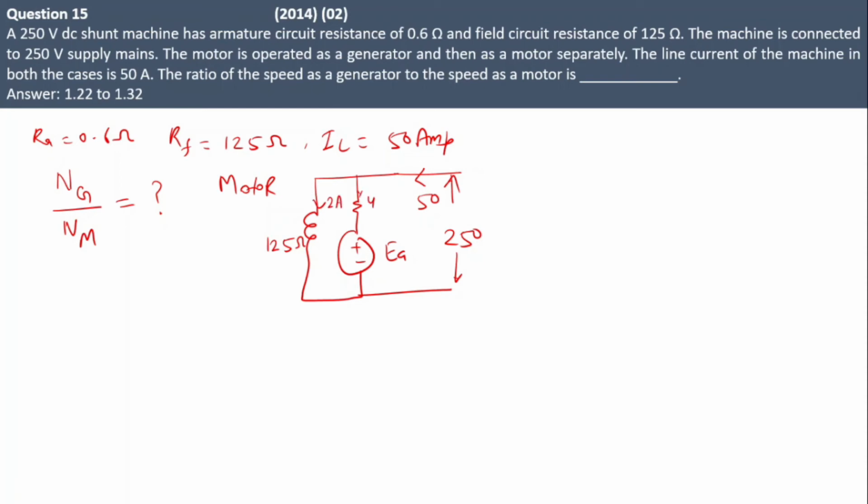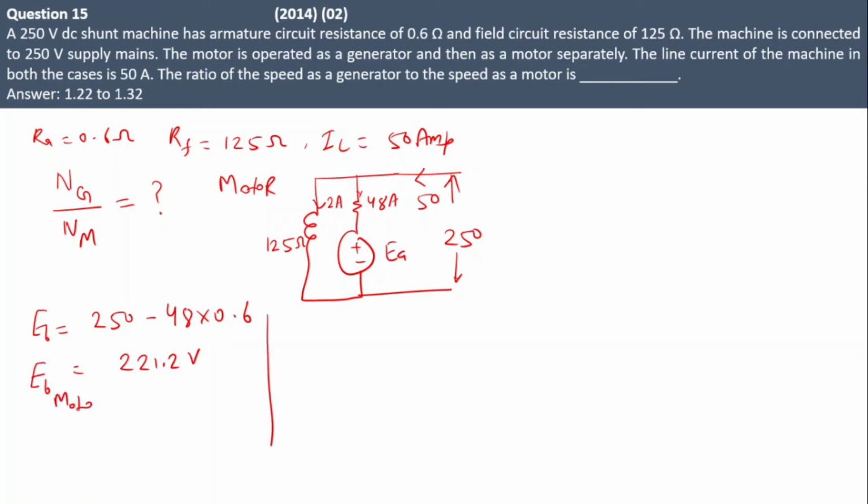Here Ia is 48 amps, and Ra is 0.6. So for the motor, Eb equal to V minus Ia Ra, it is 48 into 0.6, so it is something like 221.2 volt as motor.